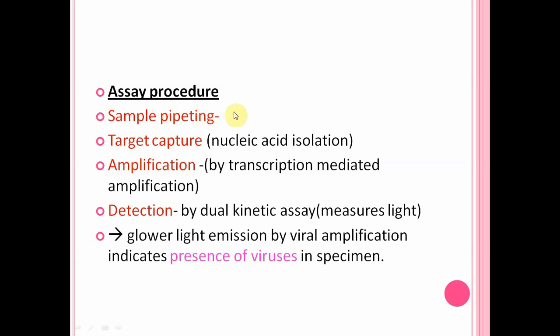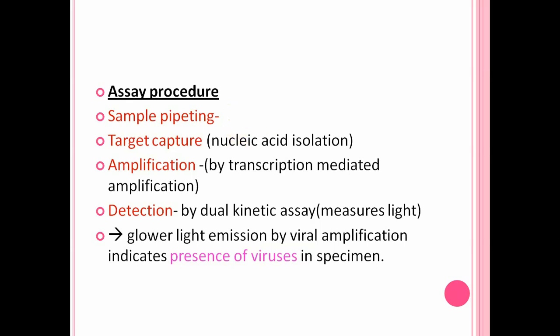Only the plasma and serum part is pipetted to the separate single tube. That is the sample pipetting. It is done by the instrument itself, but it may take 3.5 hours. So from the 24 individual EDTA samples, plasma or serum is pooled to the single tube in this step by the instrument itself.